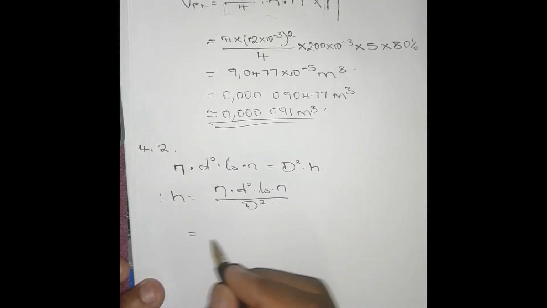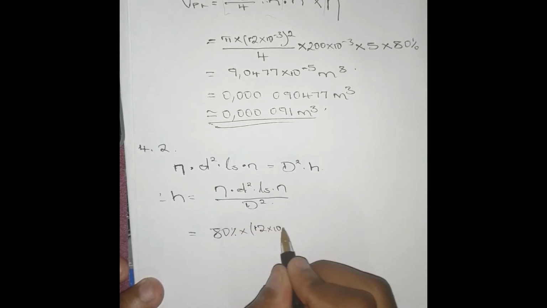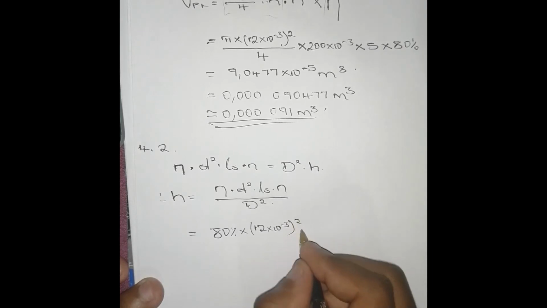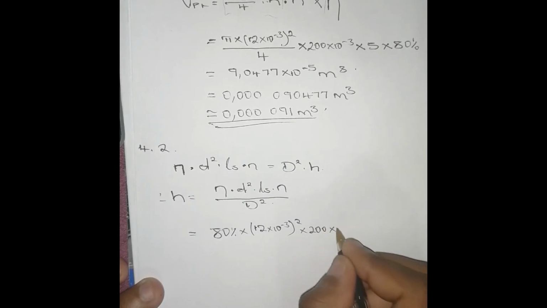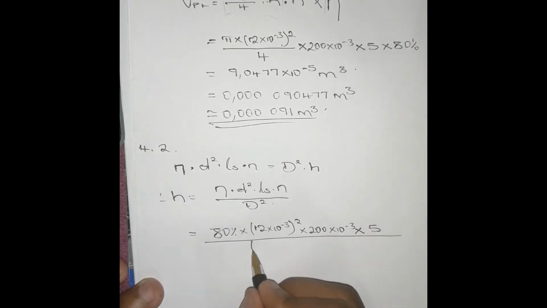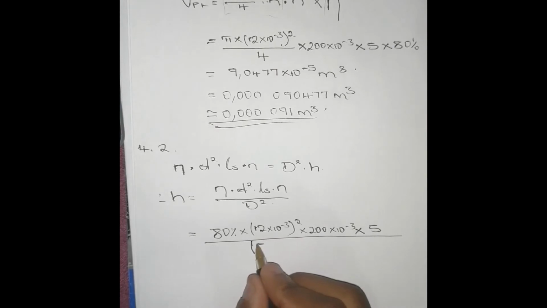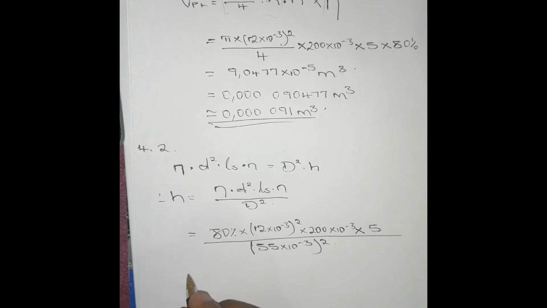We substitute what we're given, so it's going to be 80% times 12 times 10 to the power negative 3, since it's 12 millimeters, squared, times stroke length 200 times 10 to the power negative 3 times the number of strokes, which is 5, all over diameter of ram, and we are told that the diameter of the ram is 55 millimeters, 55 times 10 to the power negative 3, all squared.